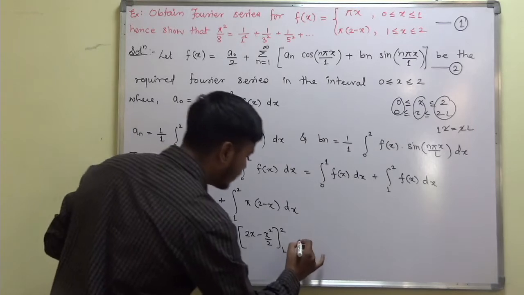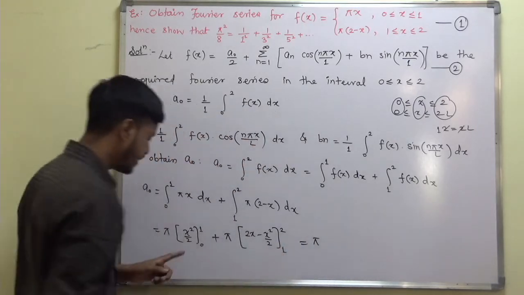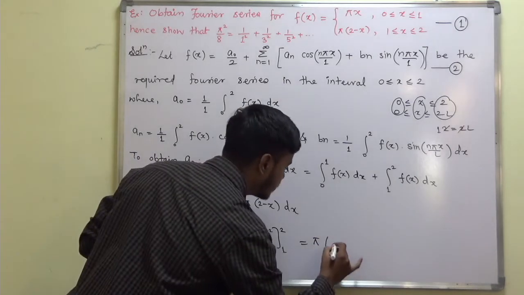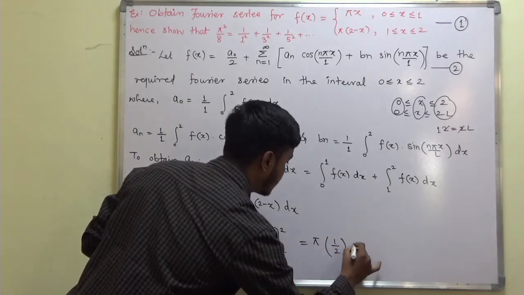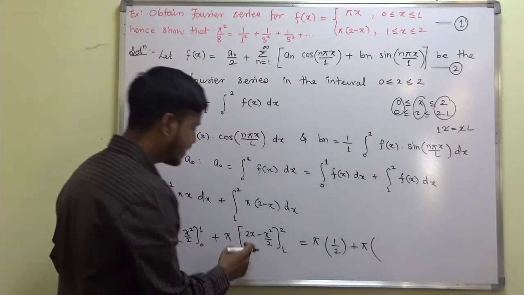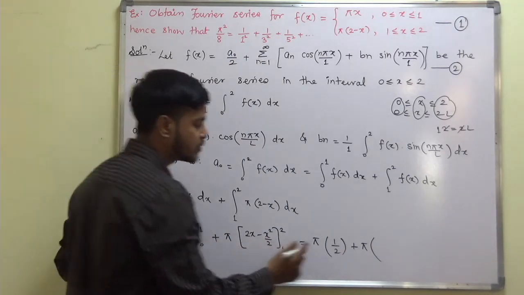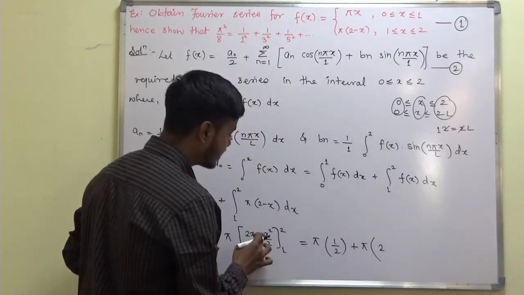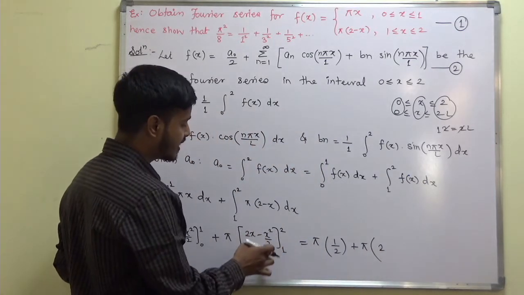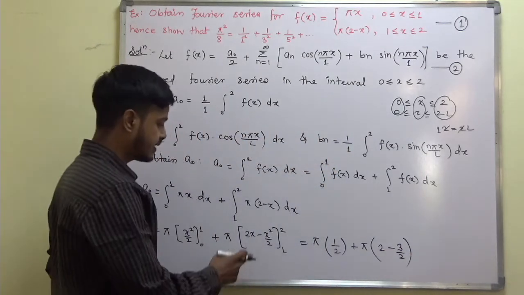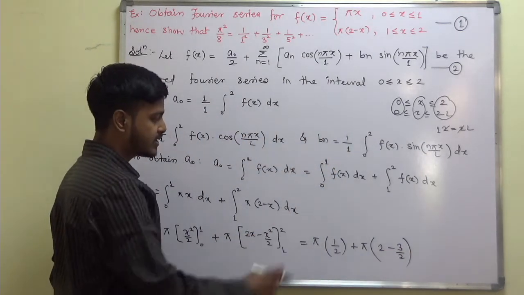Simple. Now this is pi, upper limit minus lower limit will give you 1 by 2, so this is 1 by 2, plus pi, upper limit will give you 2 twos are 4, minus 4 square by 2, so this is 2, minus the lower limit 2 minus 1 by 2, which is 3 by 2. Is it? 2 minus 1 by 2 is 3 by 2.